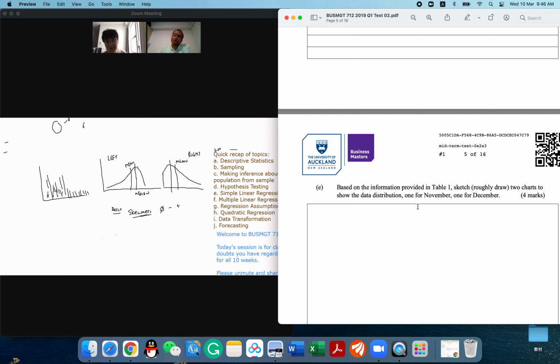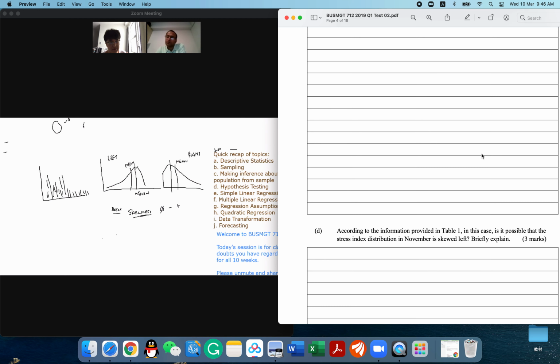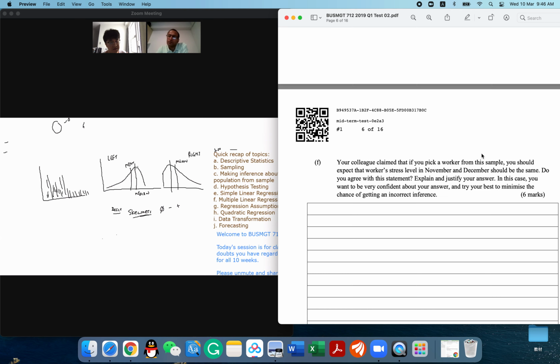And so we use mean, median, standard deviation, and standard error to explain the data distribution, and I will give the example.